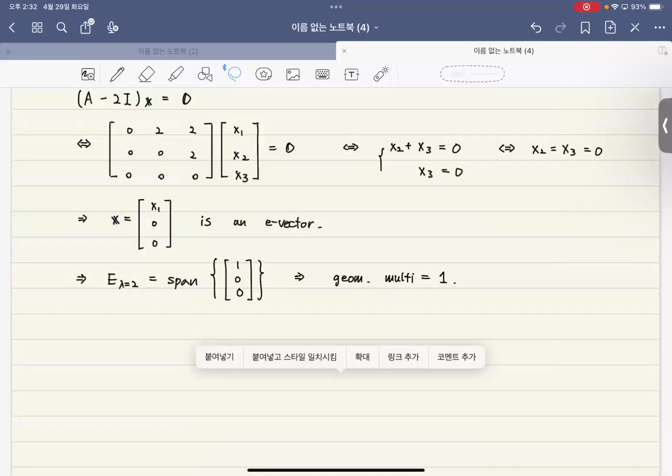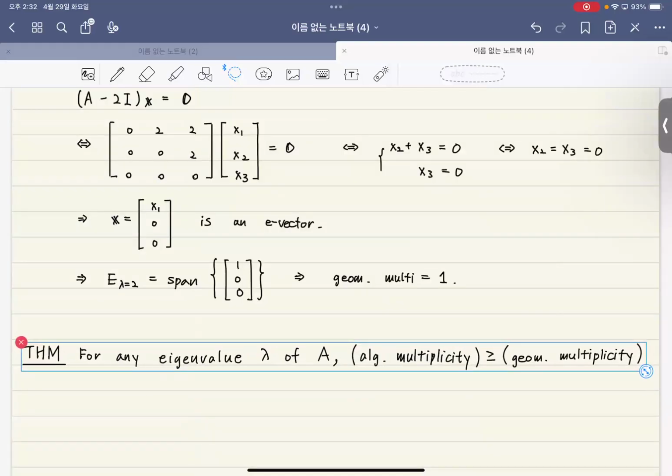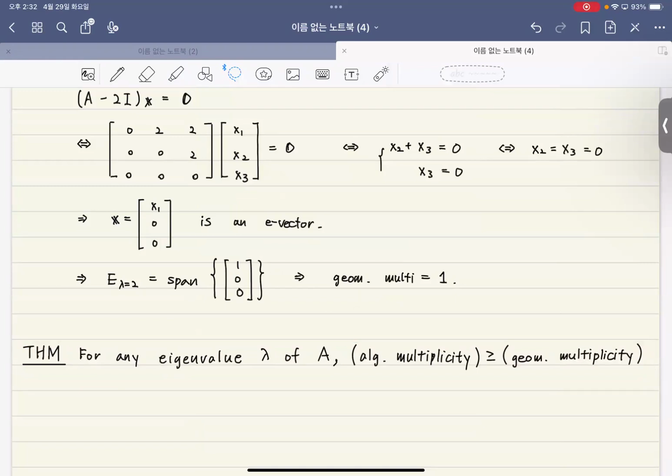This can be stated as a theorem: for any eigenvalue lambda, the algebraic multiplicity is always greater than or equal to the geometric multiplicity. So this inequality sets the upper bound on the number of linearly independent eigenvectors.